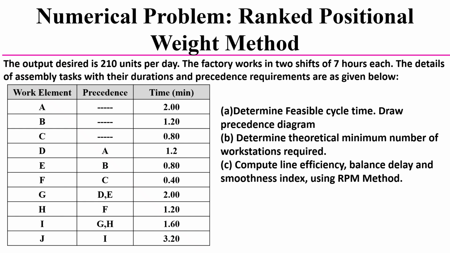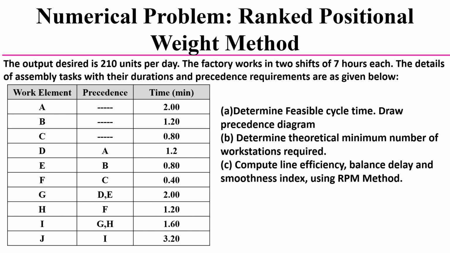So let's see one numerical problem for the ranked positional weight method. The output desired is 210 units per day. The factory works in 2 shifts of 7 hours each. The details of the assembly tasks with their durations and precedence requirements are given as follows.